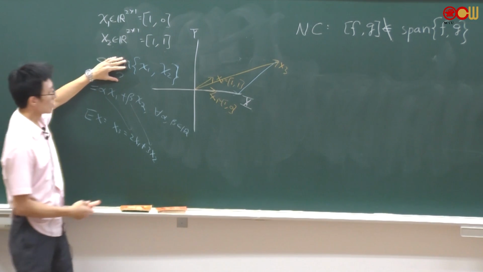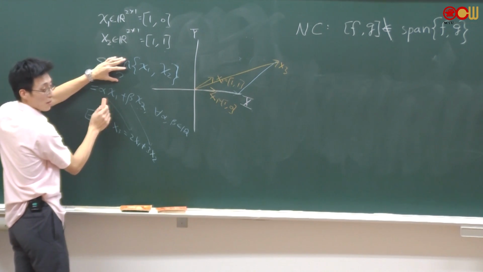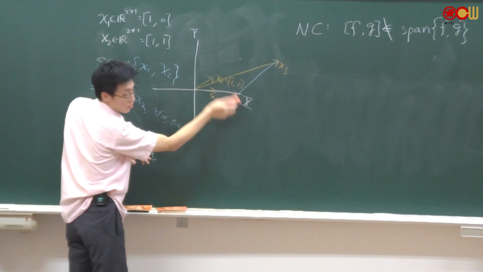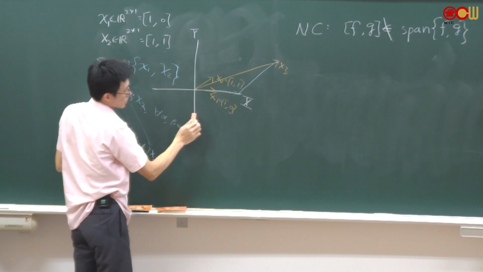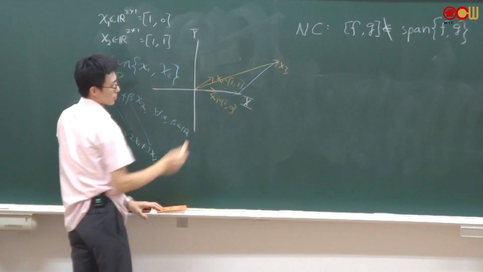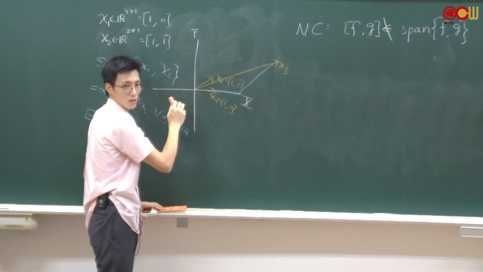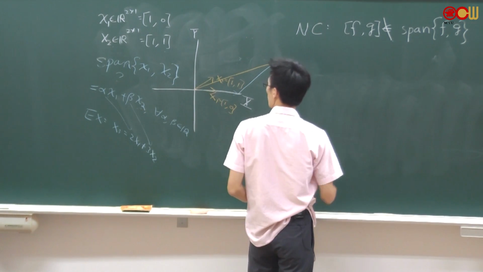Why is a space? Because it's a combination of these two vectors. So combination is anywhere in this 2D plane will be the span of these two, right? Because this combination of these two can cover the whole space in this 2D plane, right? So now let's go to a 3D case.